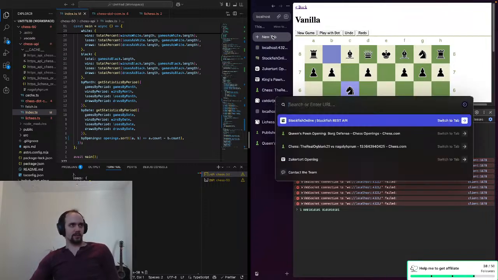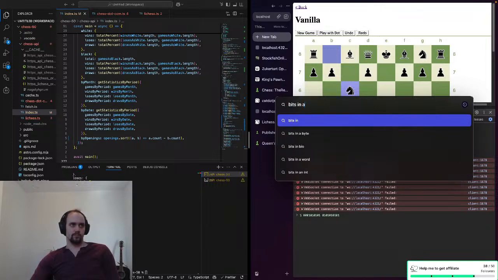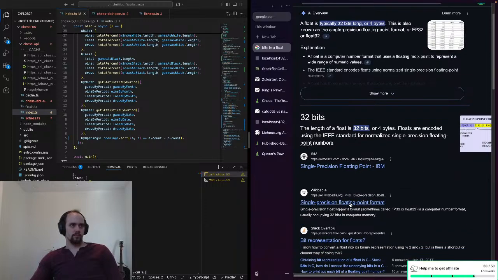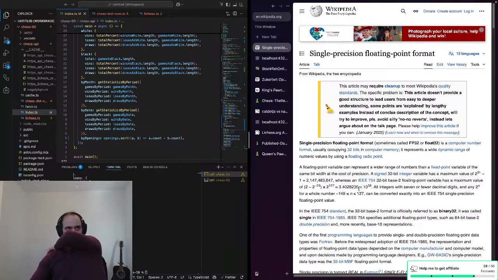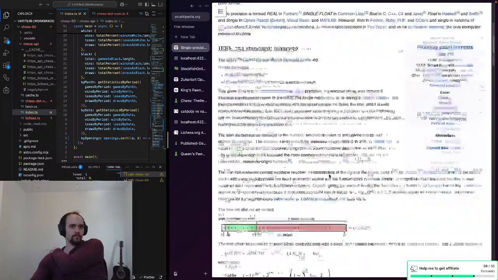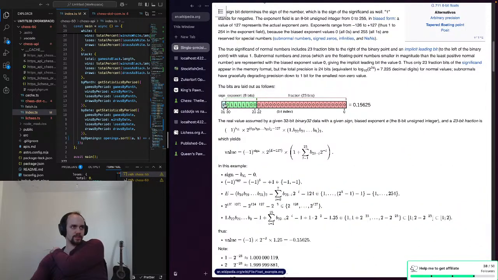We could kind of look. Okay, so there's the sign, there's the exponent, there's the fraction.